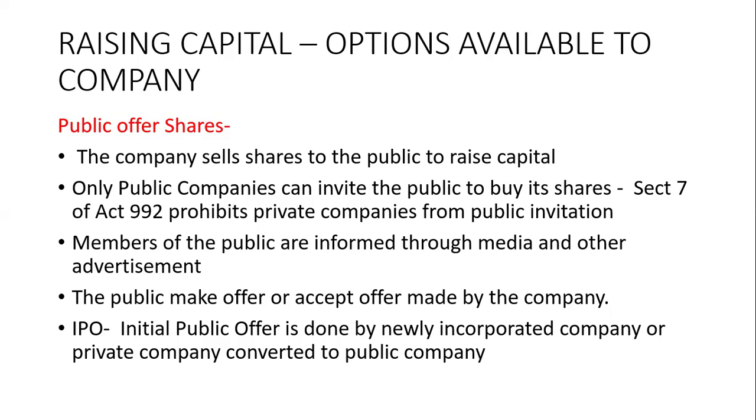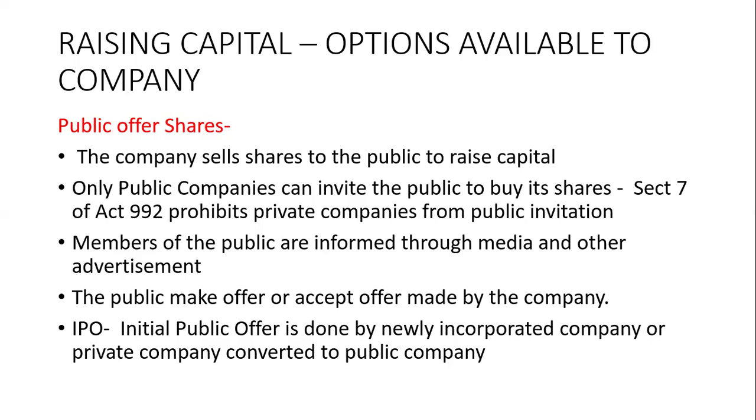Now, just before we move on to look at this, remember when we're discussing types of company, we talk about private company and public company as one important way of classifying companies.